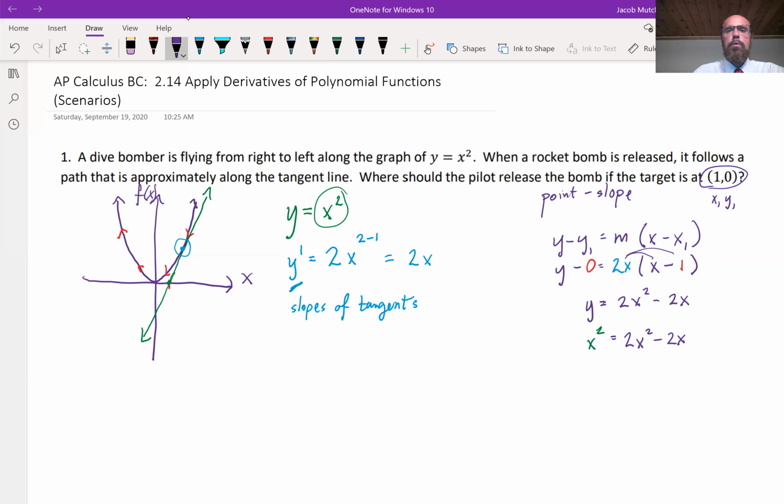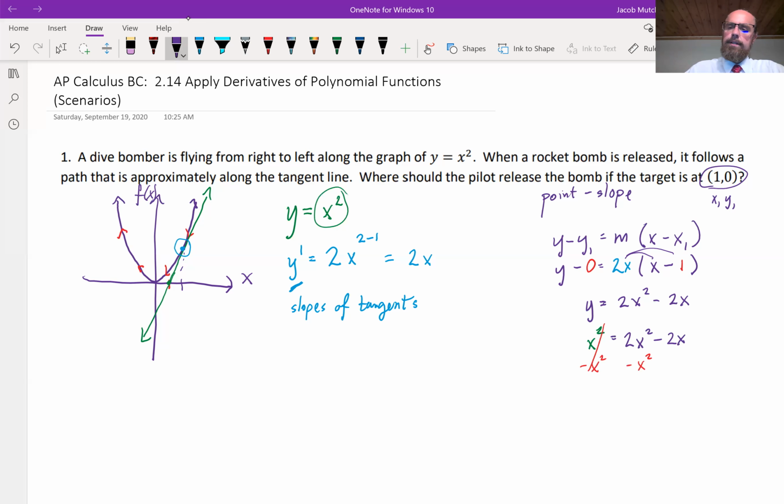This is the equation I want to solve to get an x value, really considering this as a system of equations, where is the x value for this intersection of the tangent line and the parabola. To solve, I'm going to subtract x squared from both sides. That'll cancel on the left.